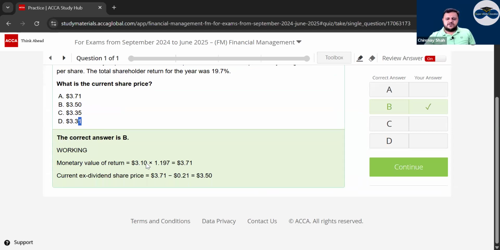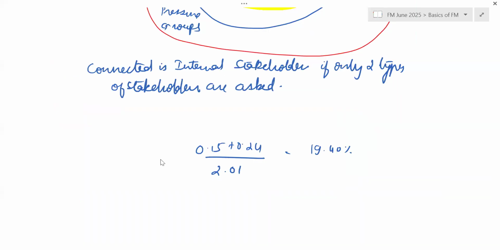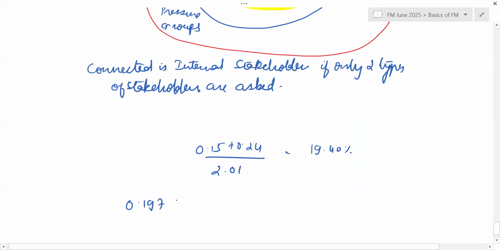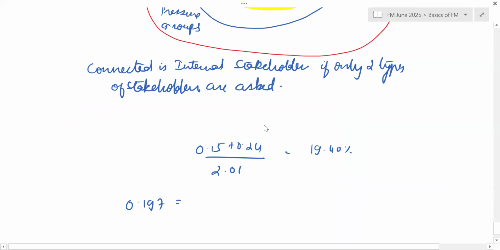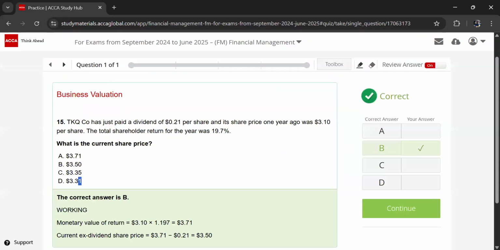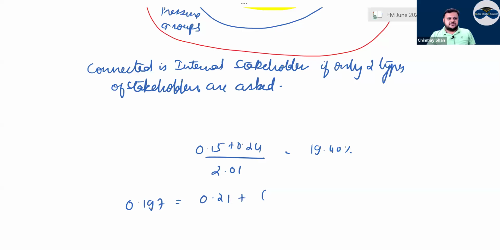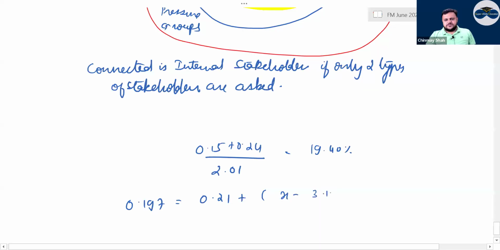So how is this to be done? TSR is how much? 19.7%. So 0.197 is equal to the dividend, how much is the dividend? 0.21, plus you don't know the share price at the current, so x minus 3.10, the whole divided by 3.10.